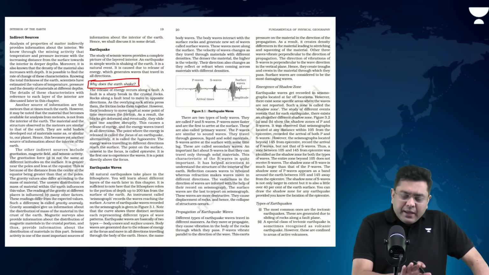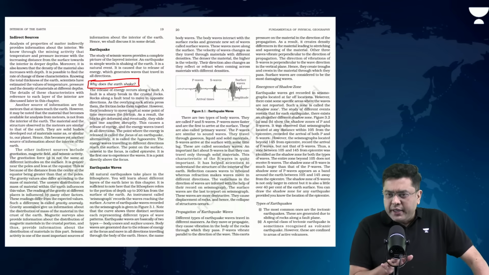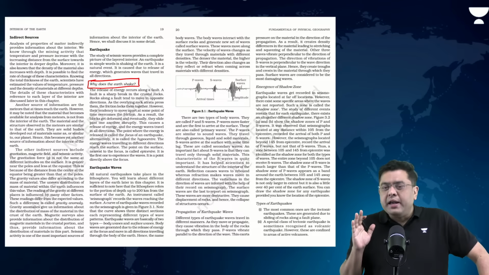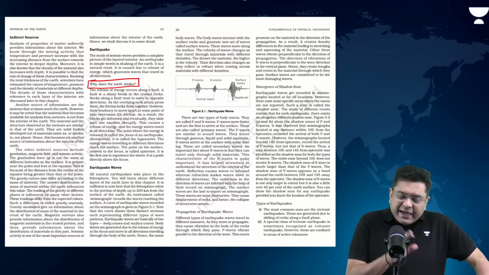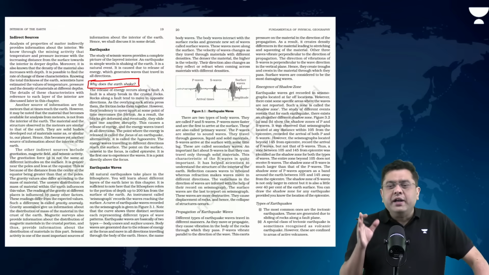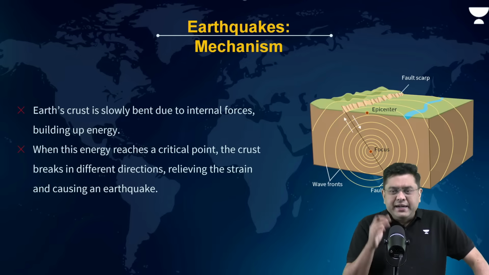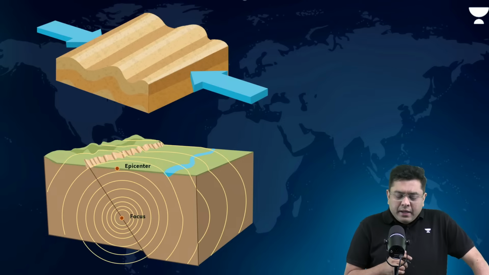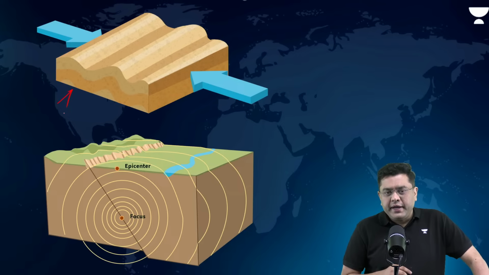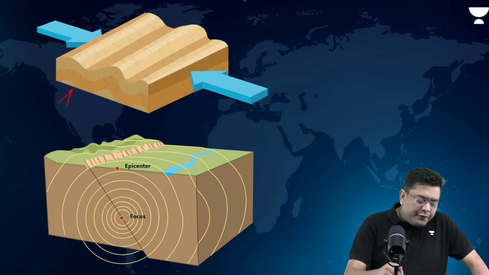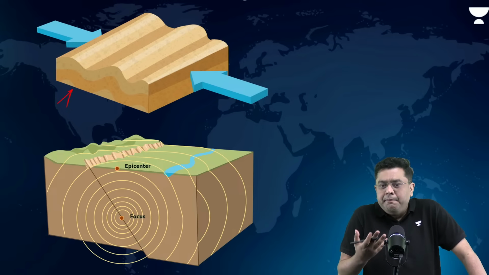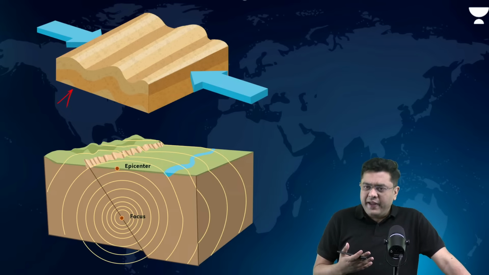Here, let us depart from what is written and understand it in an image form. This is my only grievance with NCERT, that it does not provide enough images that you can understand it easily. Let's suppose this is your portion of the surface, interior. Now, if you apply forces on this interior, it will bend to a certain extent, but not always.